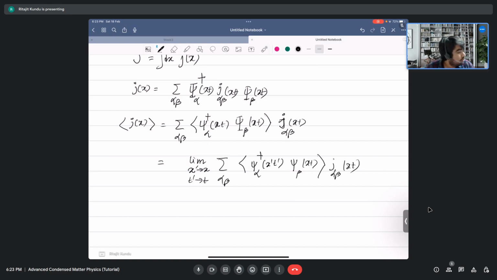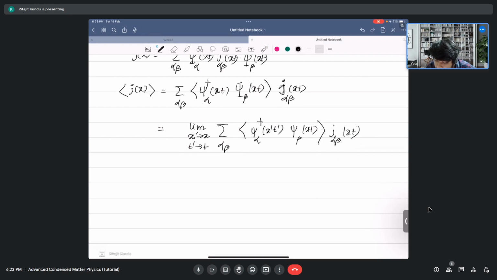I have written the same thing, but I've introduced this x prime and t prime here. If you take this limit, you will just go back to the last line. You will see why I'm doing this very soon.